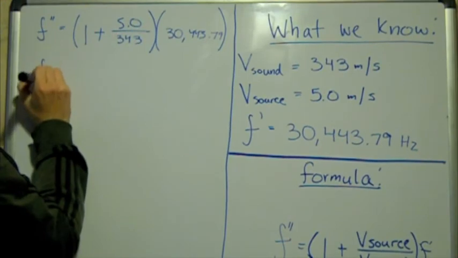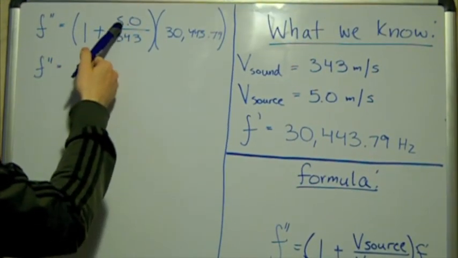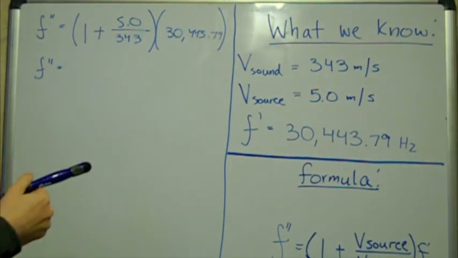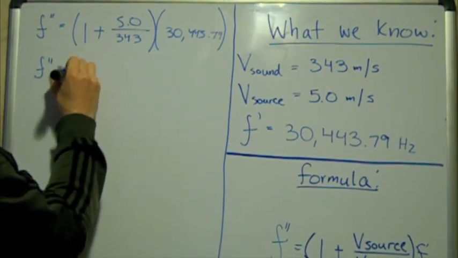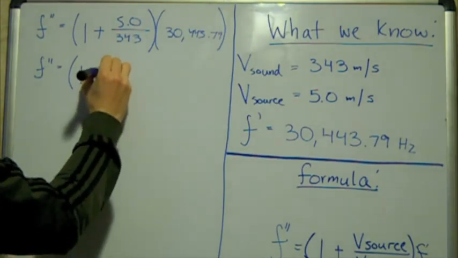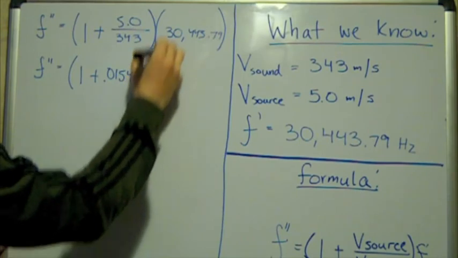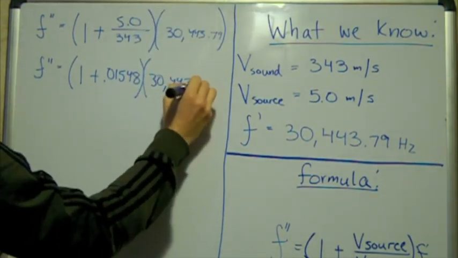Okay? Now, in the first step of this problem, we had this exact same thing, 5.0 over 343. This ended up giving us a value of 0.01548. So I'm going to simplify this part and just write 1 plus 0.01548. And then just copy down the 30,443.79 from earlier.